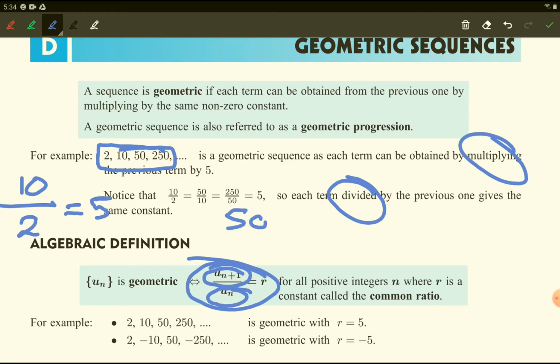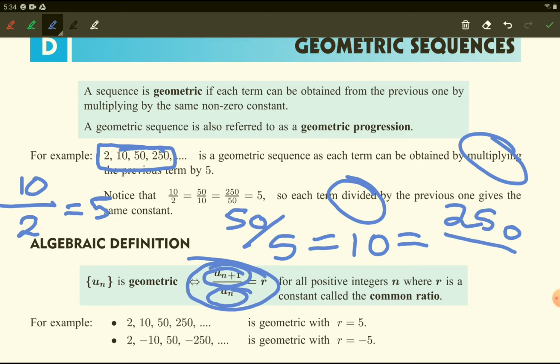So 50 divided by 5, which is also equal to 250 divided by 50. So I just take whatever term I want and I divide by the term that came before it.